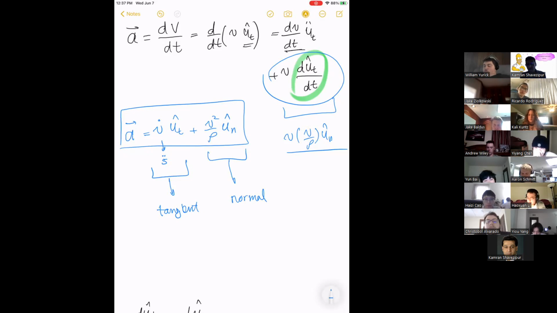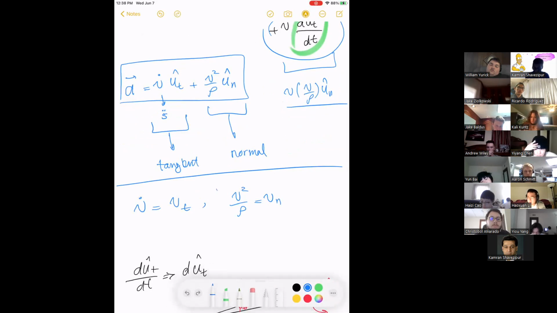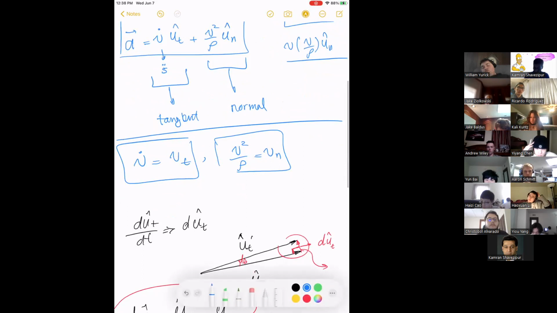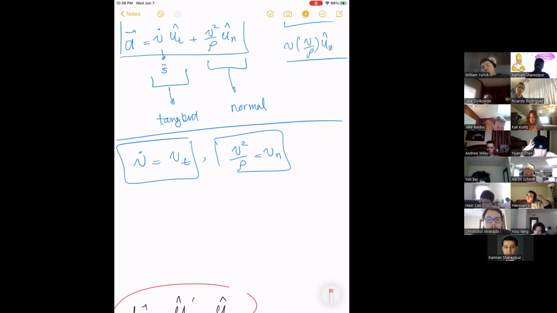Now, again, you see why this coordinate system is nice to deal with. It's easier to express it, right? So v dot is technically at, and v squared over rho is an, the normal and tangential components of the acceleration.